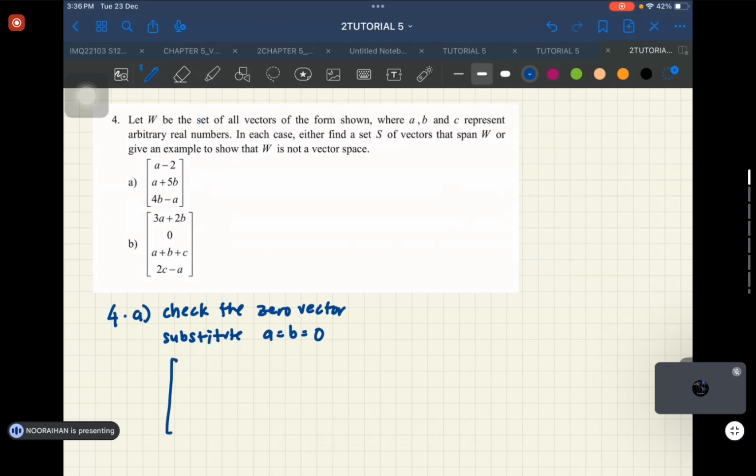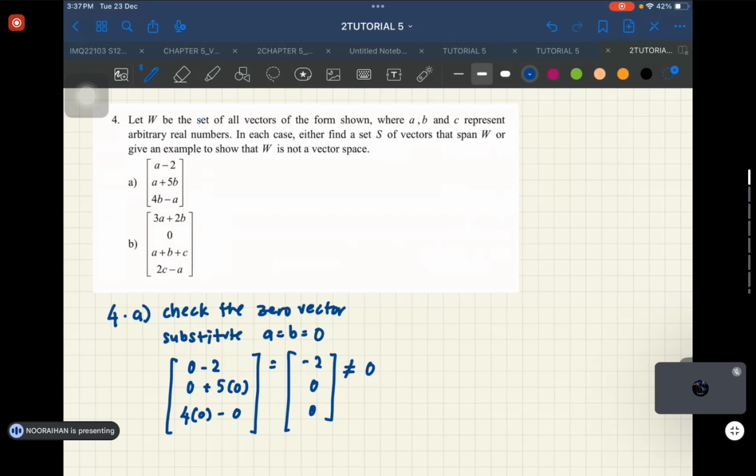When you substitute, you will get 0 minus 2, 0 plus 5 times 0, 4 times 0 minus 0. So this is equal to (negative 2, 0, 0), which is not equal to 0.